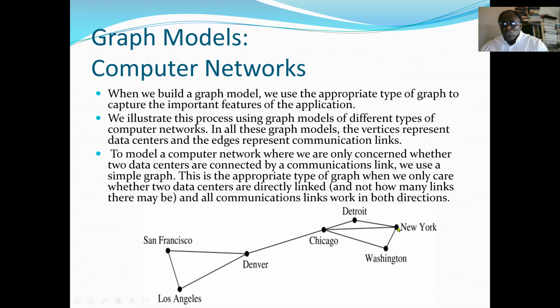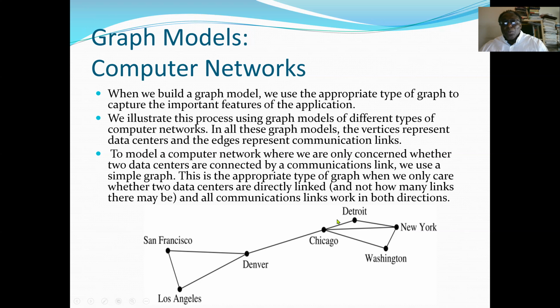The vertices represent the cities, and the edges represent the communication lines, or connecting lines, from one computer center in one city to another computer center in another city. So this would be a very good example of graph models.